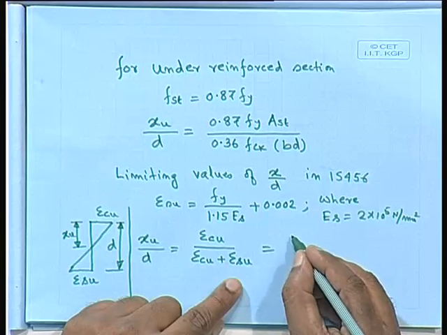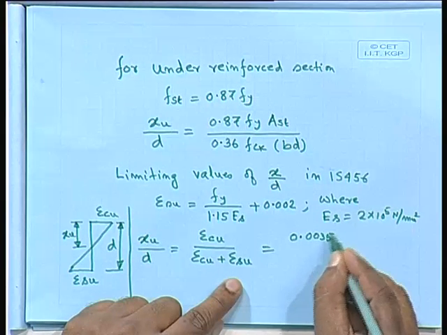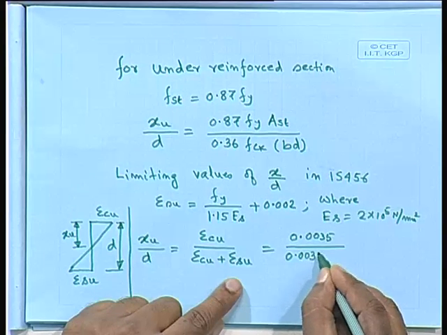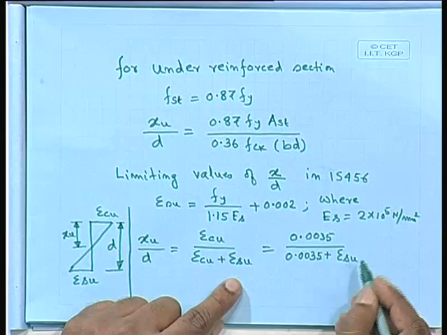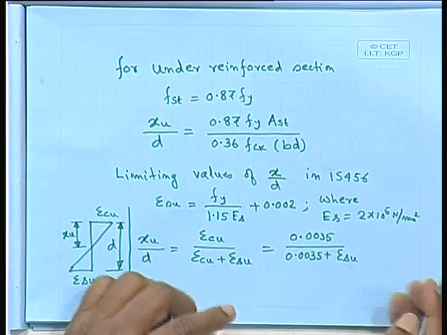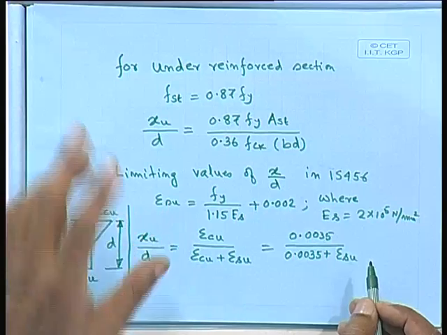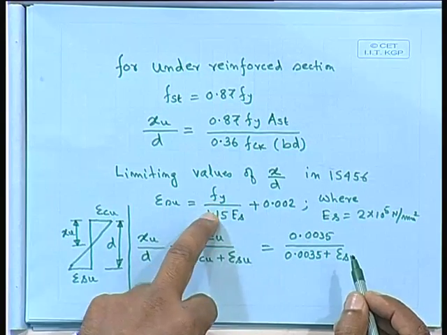Epsilon Cu we know, which is nothing but 0.0035, divided by 0.0035 plus epsilon Su. Epsilon Su is different for different grade of steel, which is given in our IS 456, we can get using this formula.